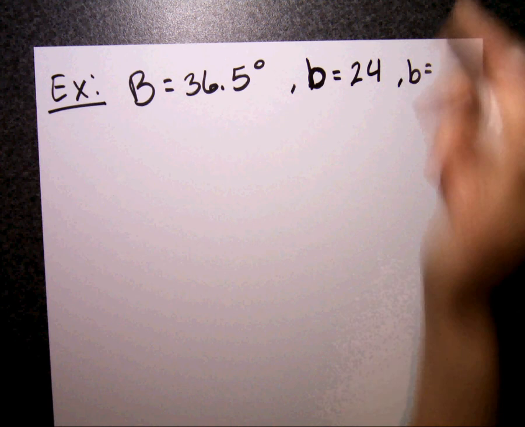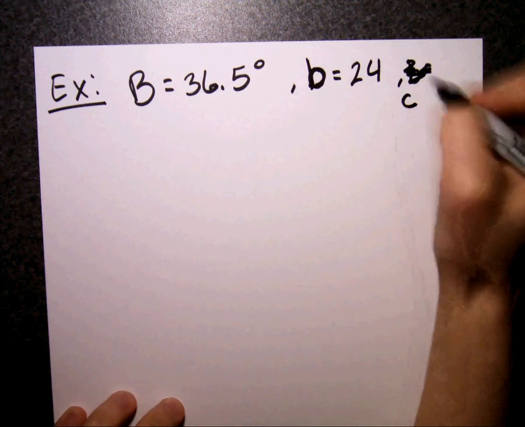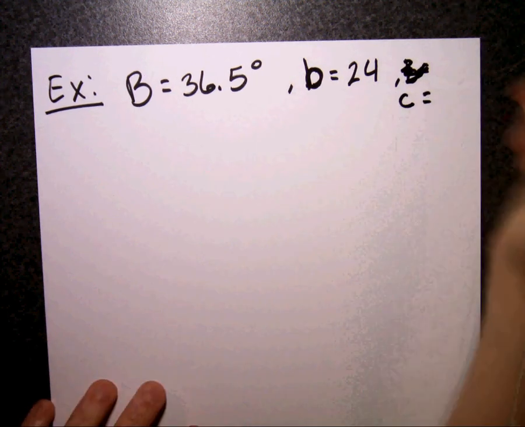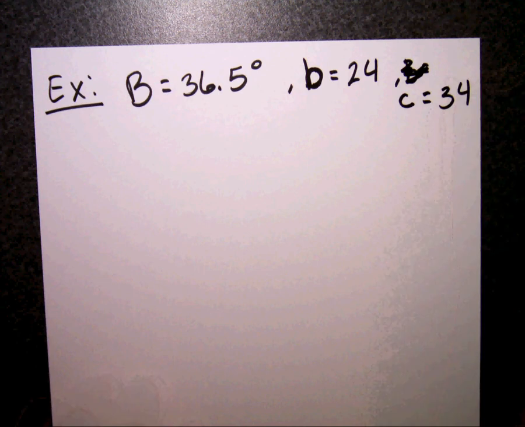There we go. So angle B is 36.5, side B is 24, and side C is 34.